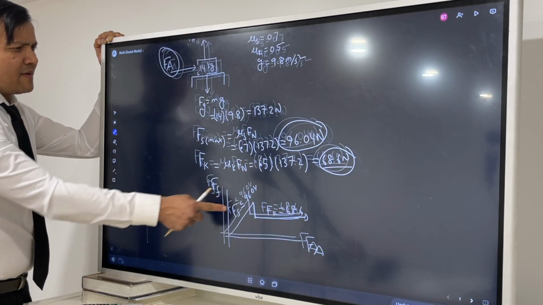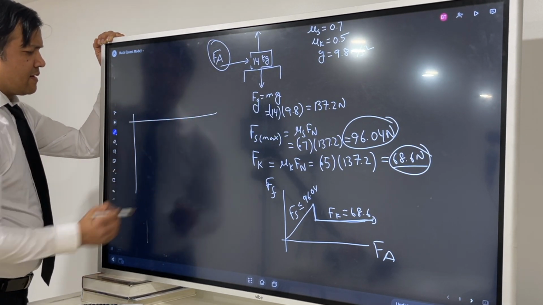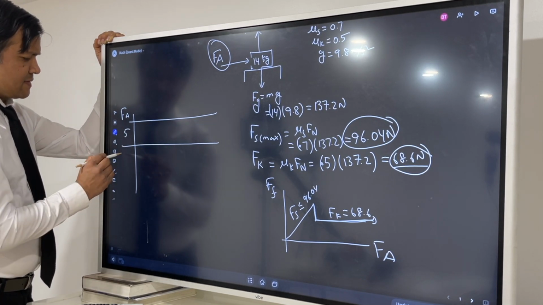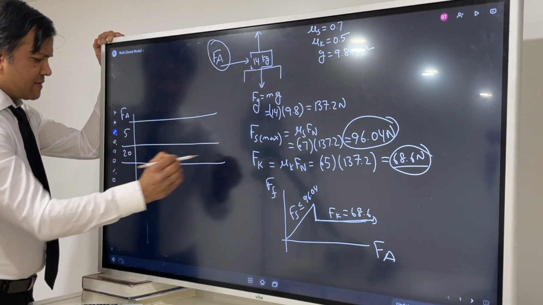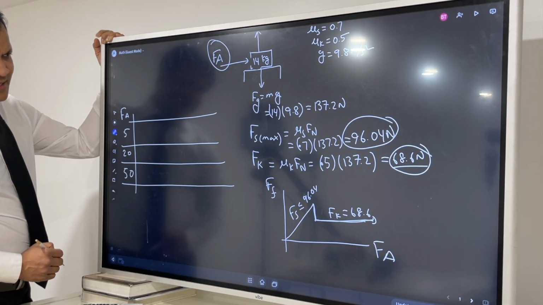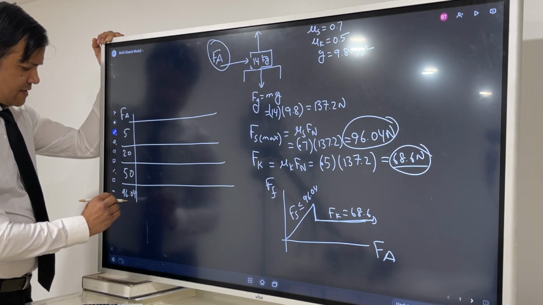Get it? Now let's see what happens when the applied force is 5 Newton, 20 Newton, 50 Newton, I don't know, 96.04 Newton, and 100 Newton.